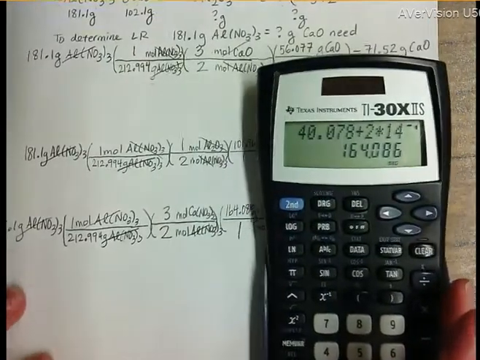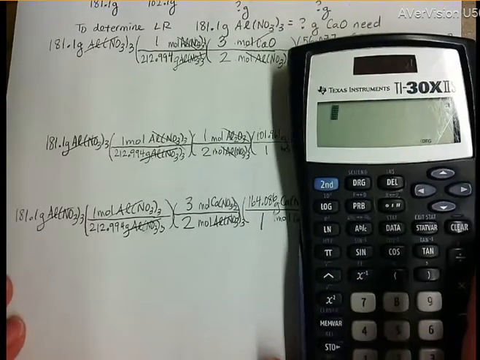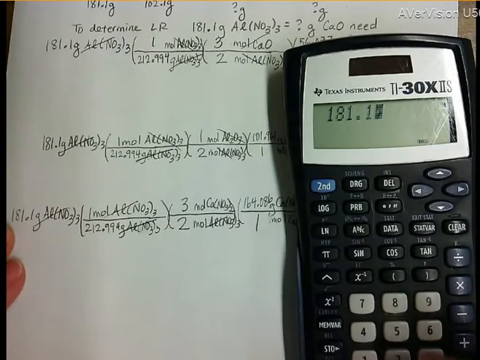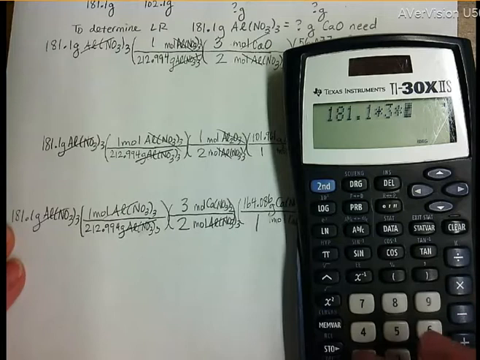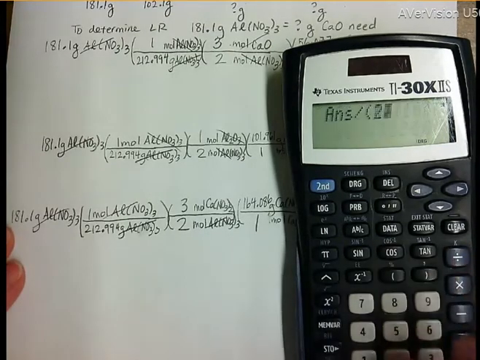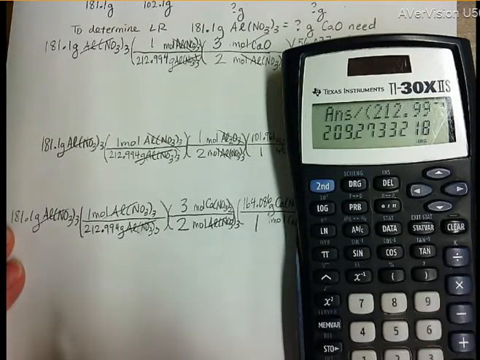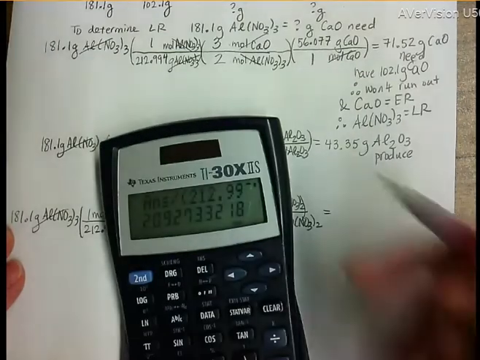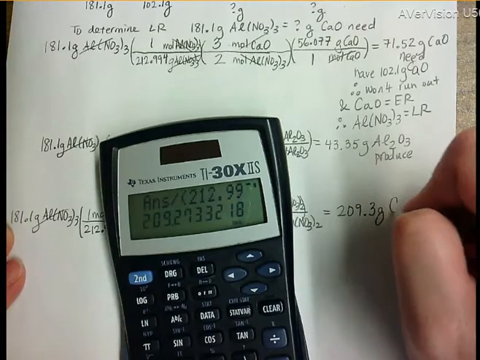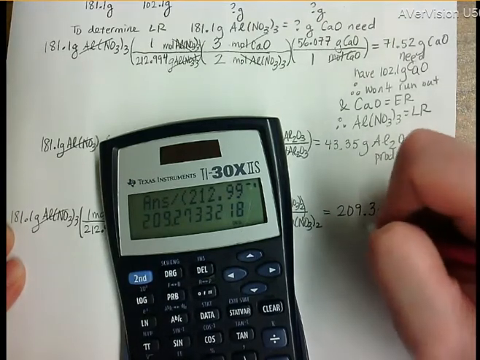So now I'm ready to do this calculation. 181.1 times 3 times 164.086. I'm going to divide that by my 212.994 times 2. And again, I want 4 significant figures, so I'm going to get 209.3 grams of calcium nitrate that I produce.